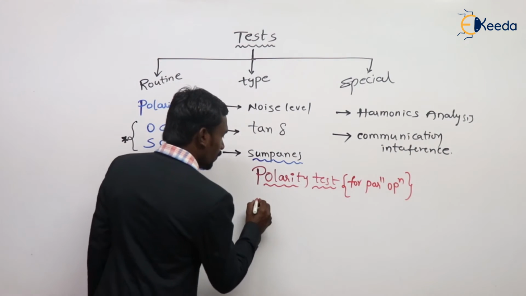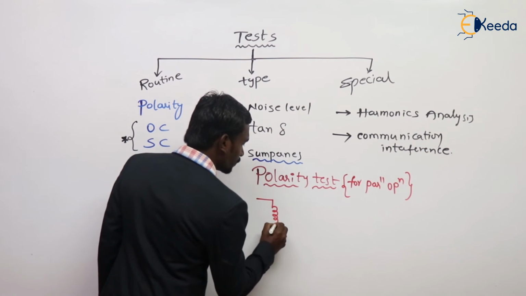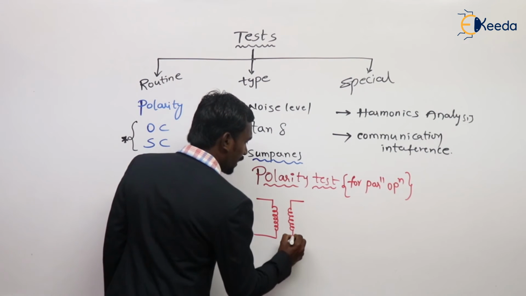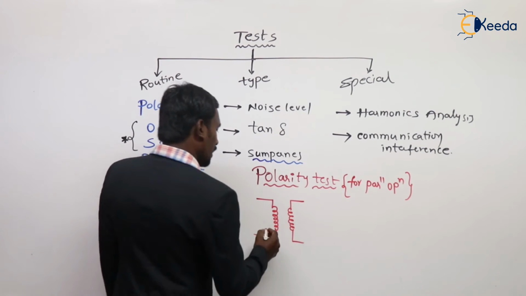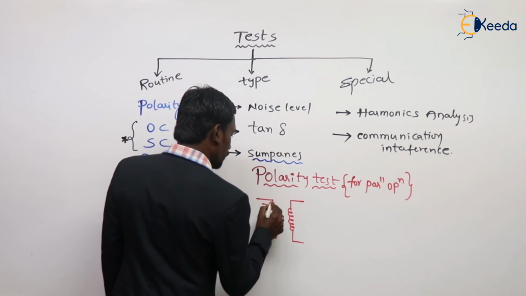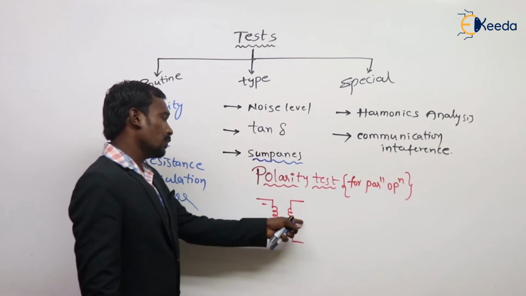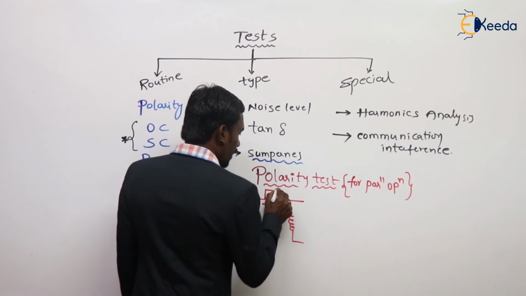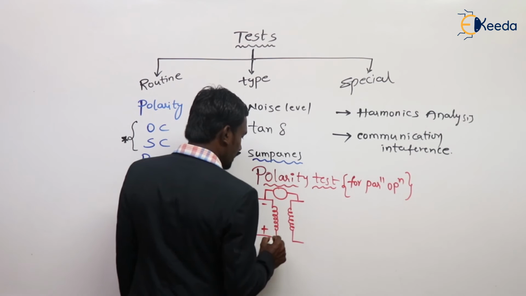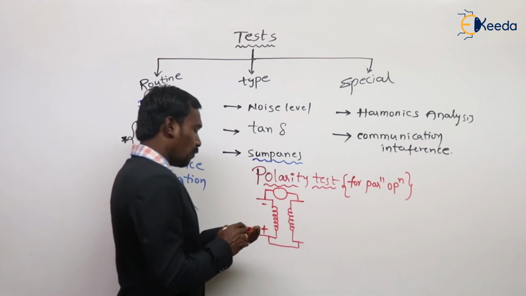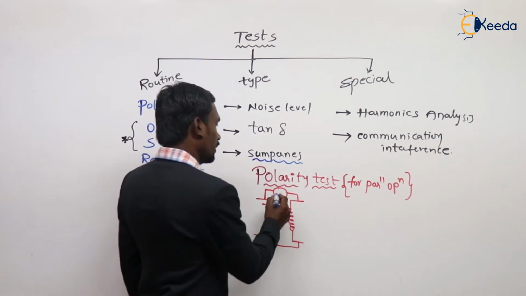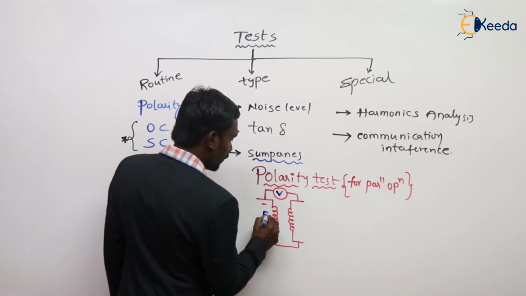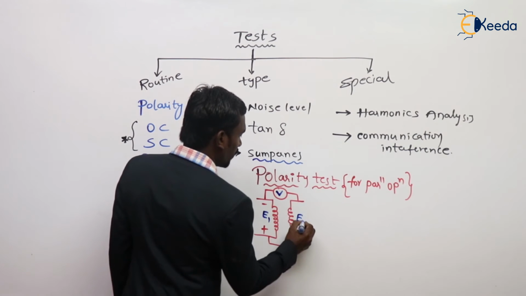For example, see here. This is my transformer, primary and secondary. For example, I know this polarity, say plus and minus. We don't know this polarity. A voltmeter is connected in between these two. For example, its EMF is E1 and its EMF is E2.